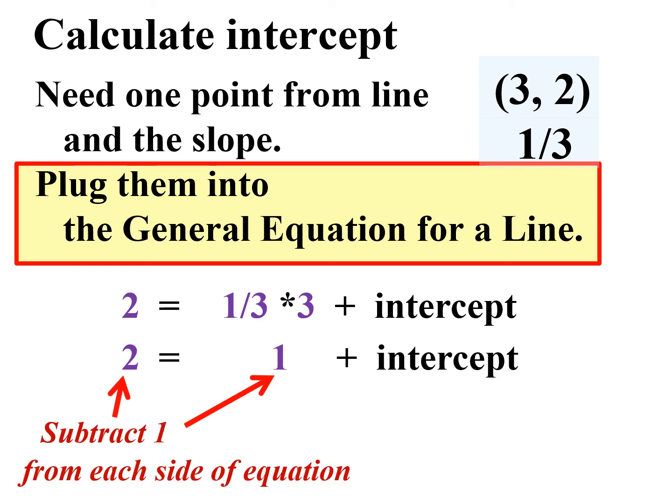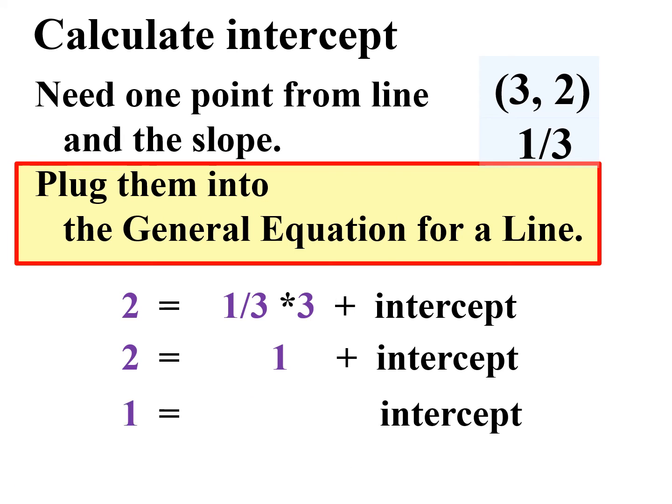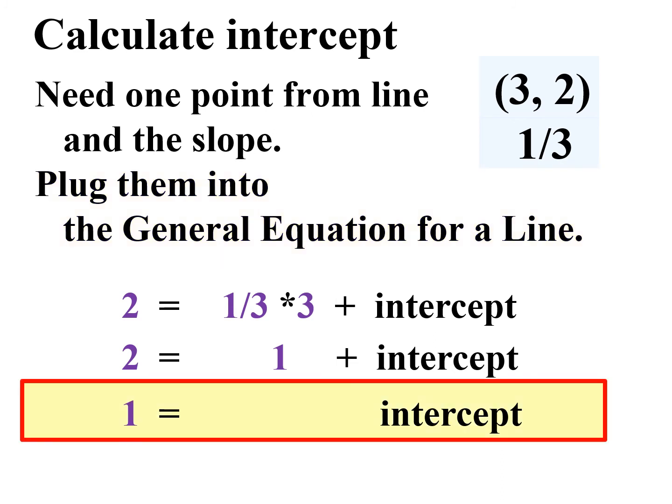Next, we subtract 1 from each side of the equation. And this gives us 1 is equal to the intercept. So we have our answer for what that intercept should be. The intercept is 1.